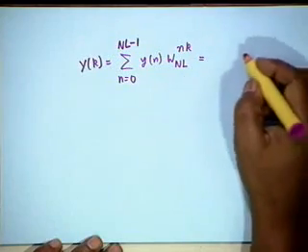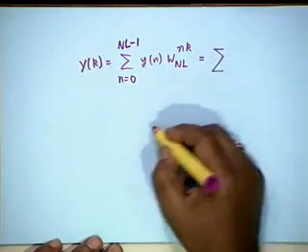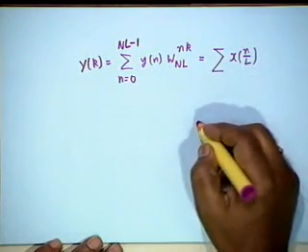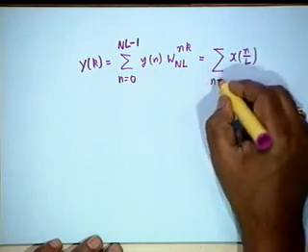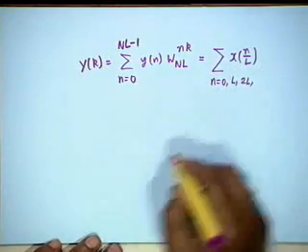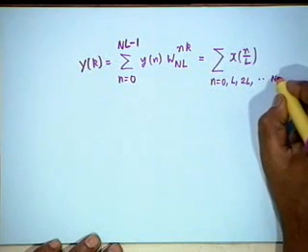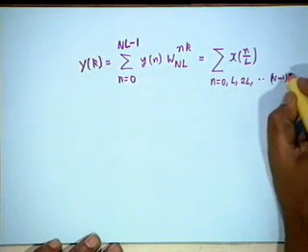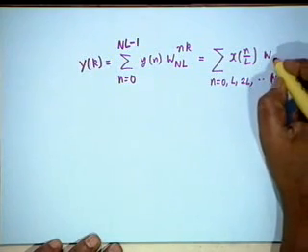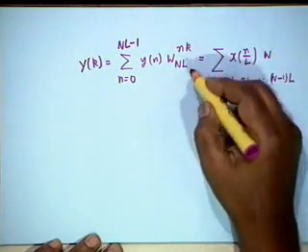And this becomes equal to summation, but y of n is x of n by L, where now n is 0, L, 2L, up to N minus 1 L, W. Does this change?